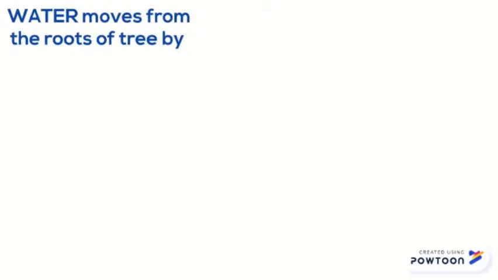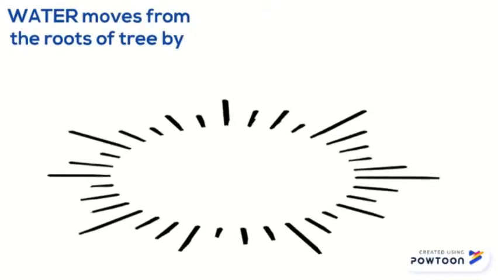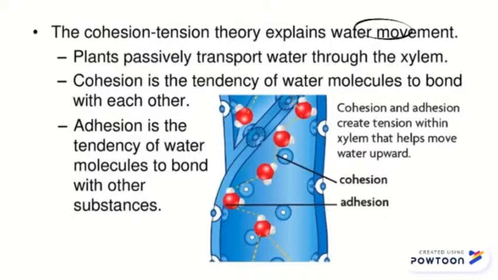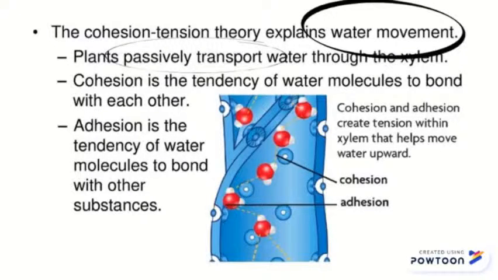What explains how water moves from the roots of a tree up to 100 meters above the ground? That is known as the cohesion-tension theory. This theory explains the water movement. Plants passively transport water through the xylem.